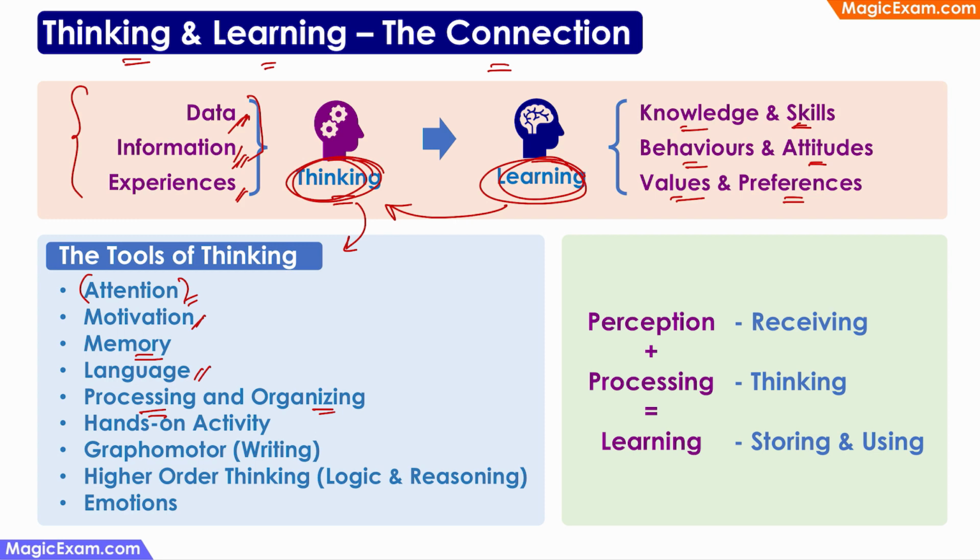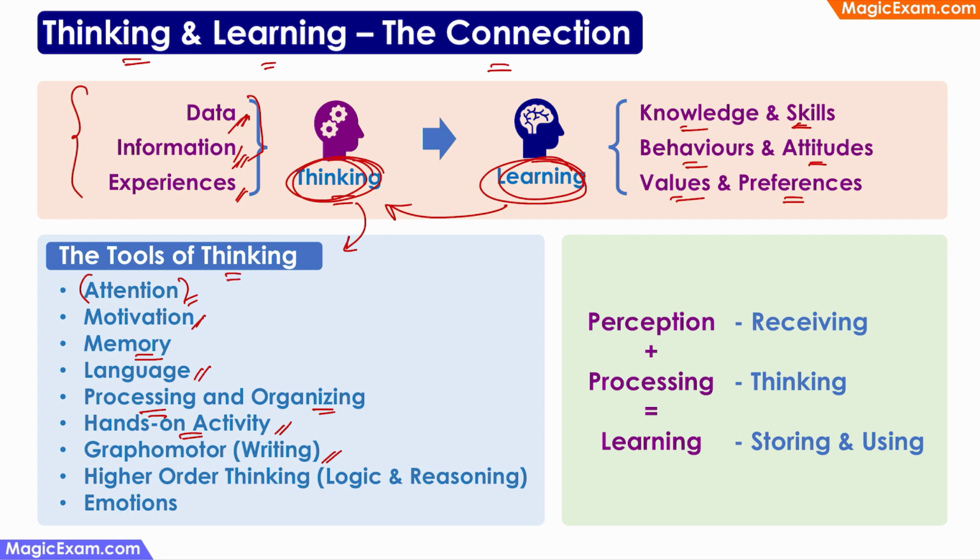Some activities you can't learn by just listening to theory. You have to do it hands-on, like some skills. Right? So hands-on activity is also a tool of thinking. And in some cases, you can learn only if you write and if you practice, such as mathematics. So graphomotor, that is writing, is also a very, very important tool of thinking.